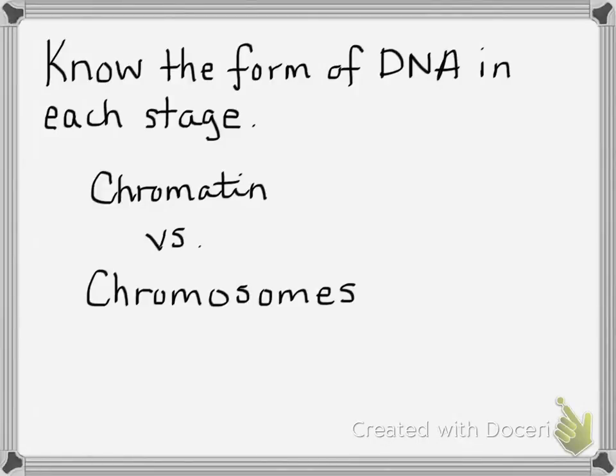From number one, it said know the form of DNA in each stage. But real quickly, I just want to make sure you know the difference between chromatin and chromosomes. One of these is spread out, and one of these is tightly coiled. Which one's spread out? Chromatin. Good. And don't forget, it's chromatin during what part of the cycle?